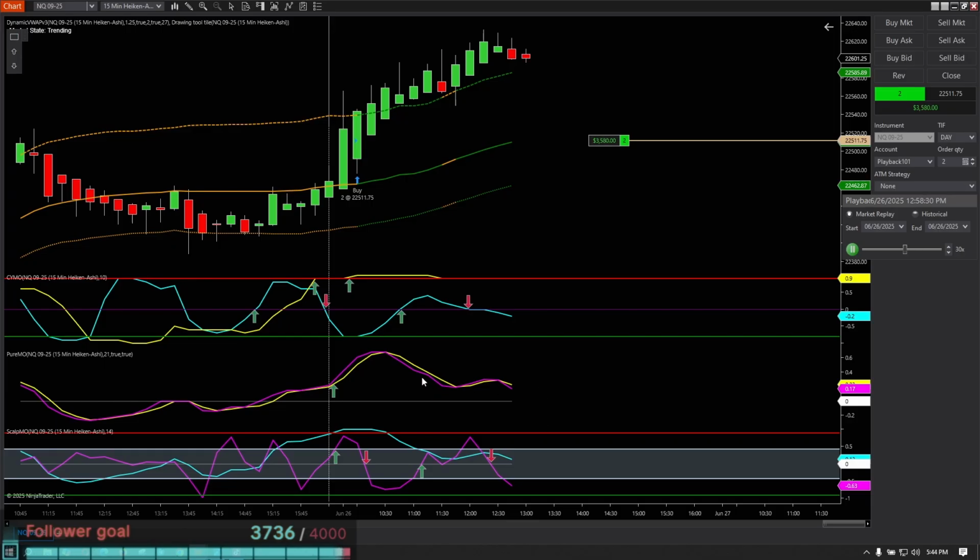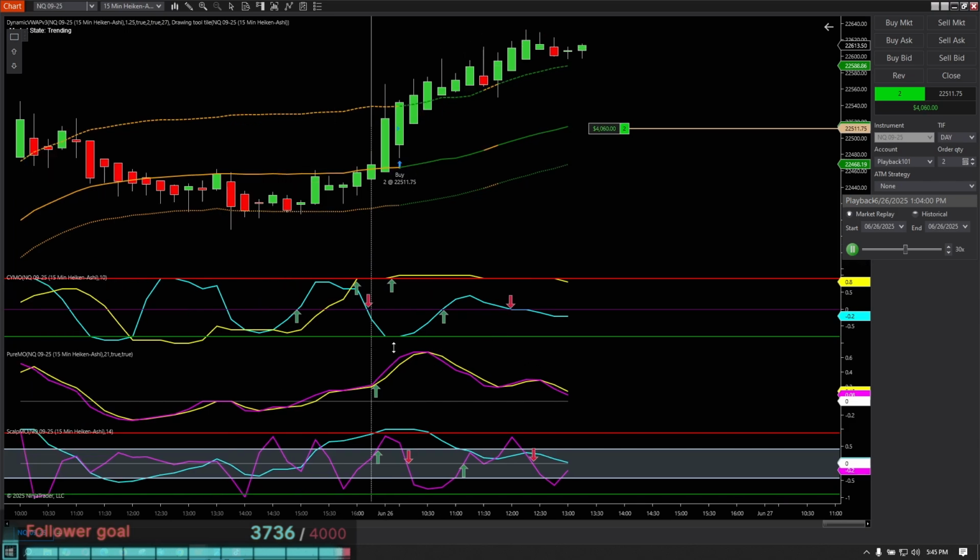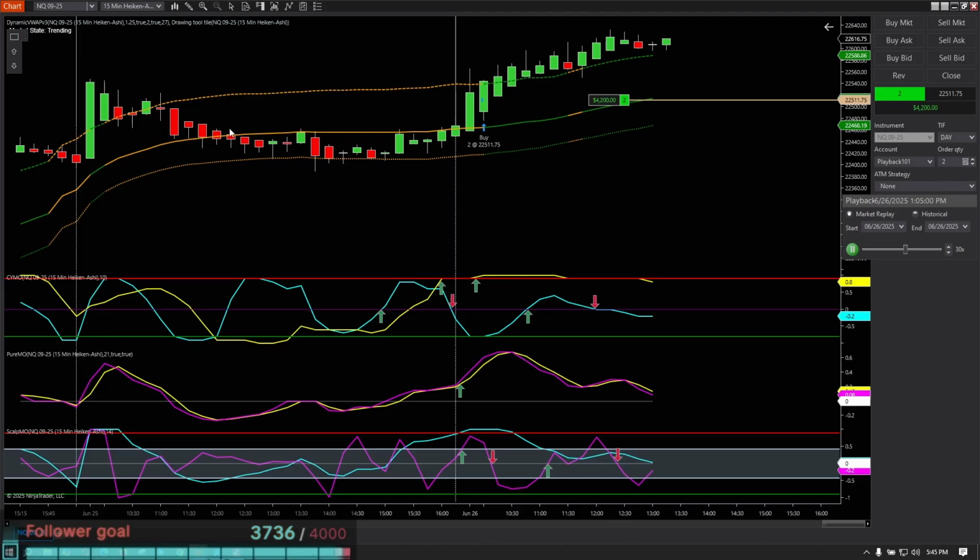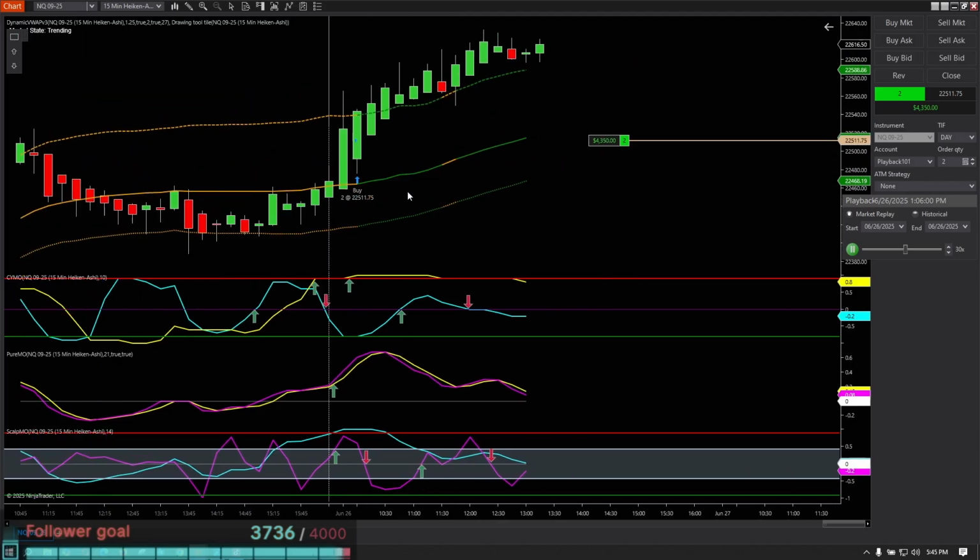You're not really looking at the crossings in PureMO of the purple line and the yellow line because the market is trending right now. You would look at these crossings if the market was cycling like this, okay? But the market isn't cycling, the market is trending to the upside. And you can clearly see it by the VWAP turning green, and it's also printed on the left quadrant of the chart, letting you know that the market is trending.